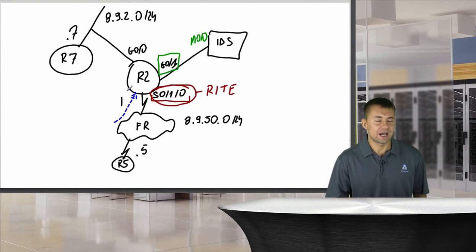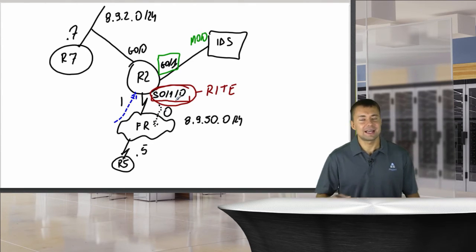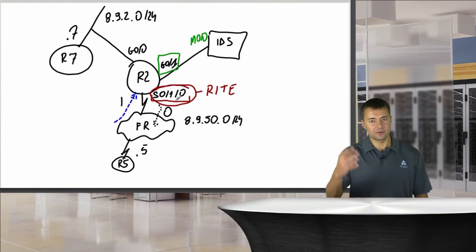So traffic from 5, this is what we will send to IDS for analysis, but not traffic that is leaving that serial interface towards the cloud. So traffic from 7 is deemed as outgoing traffic because this is from the device outbound, specifically from the interface outbound. This is something that we will by default not copy.